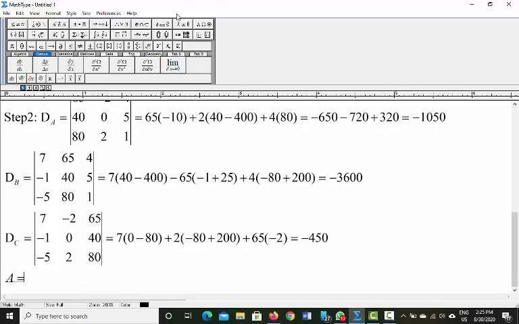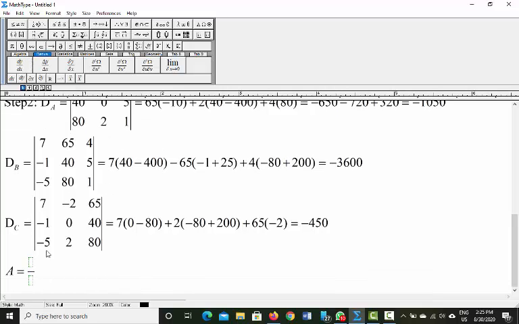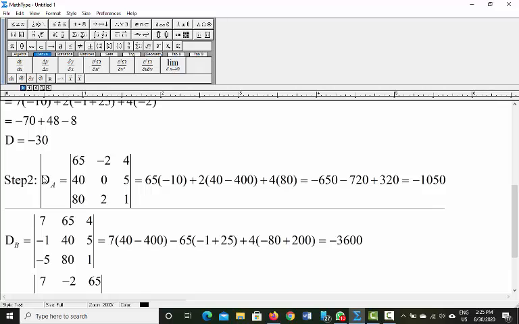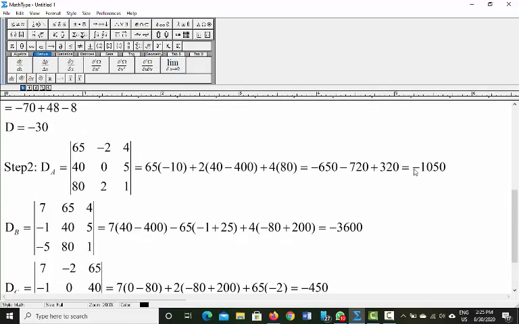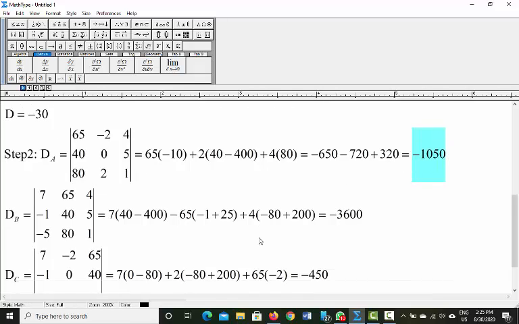So A is equal to dA divided by D. So the value of A will be determinant for coefficient A divided by D. So determinant for coefficient A is equal to minus 1050.